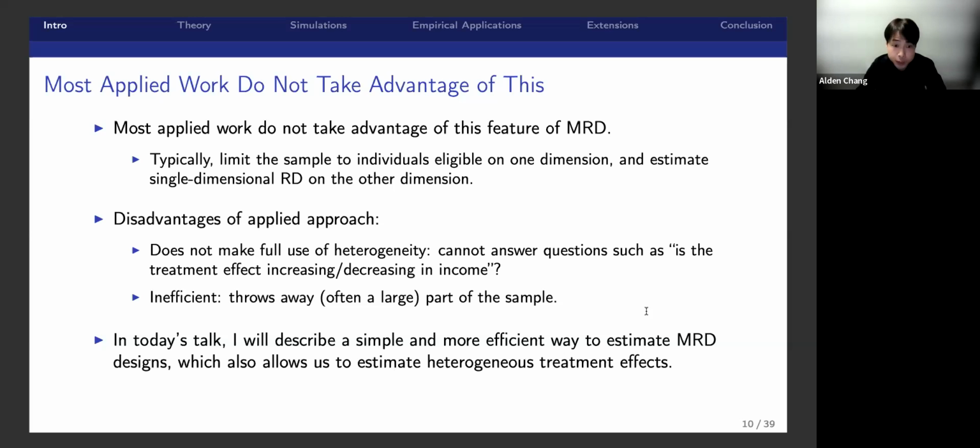Specifically, it throws away a part of the sample, which is actually often a very large part. So we'll get larger standard errors. In today's talk, I'll describe a simple and more efficient way to estimate MRD designs, which also allows us to estimate heterogeneous treatment effects.